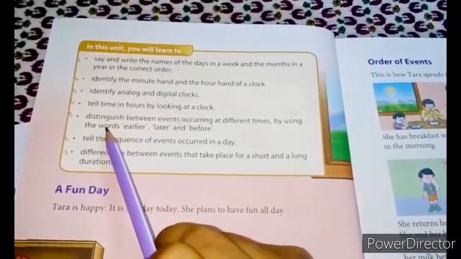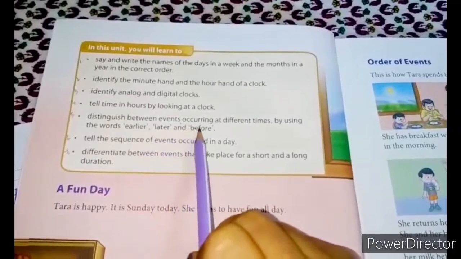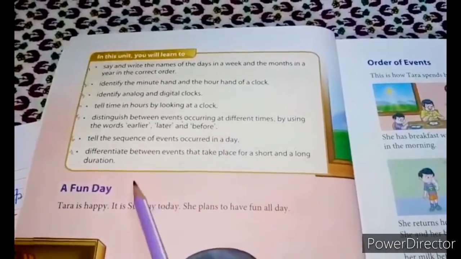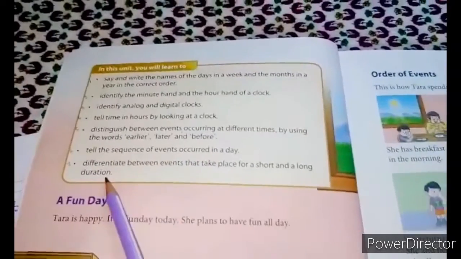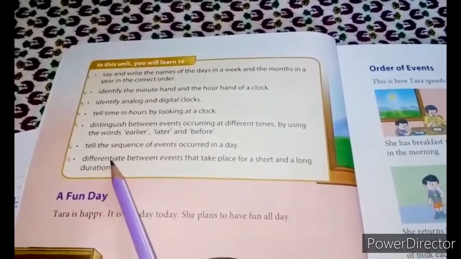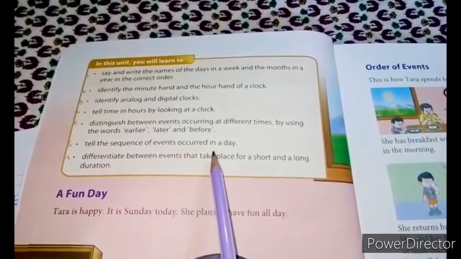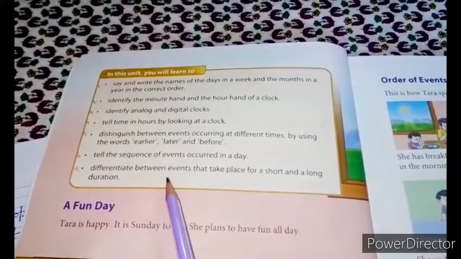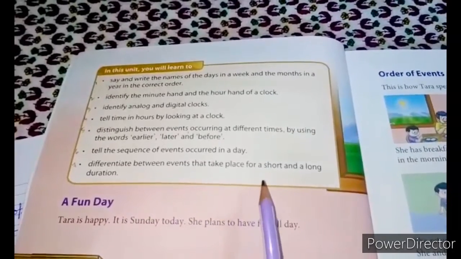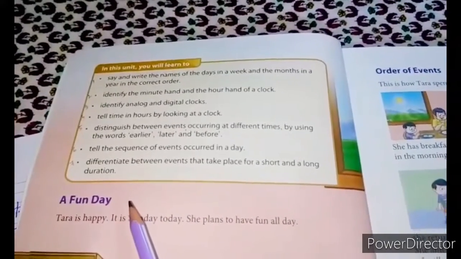Number 5. Distinguish between events occurring at different times by using the words earlier, later, and before. Number 6. Tell the sequence of events occurred in a day. Number 7. Differentiate between events that take place for a short and a long duration.